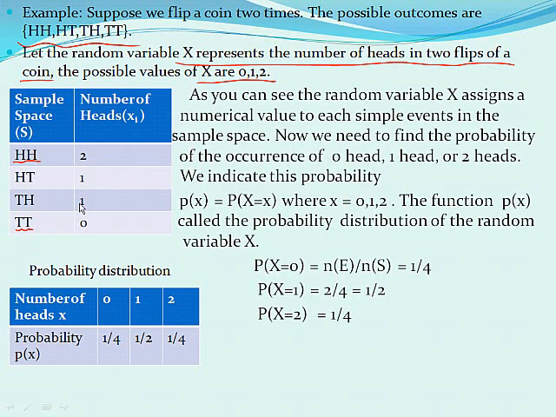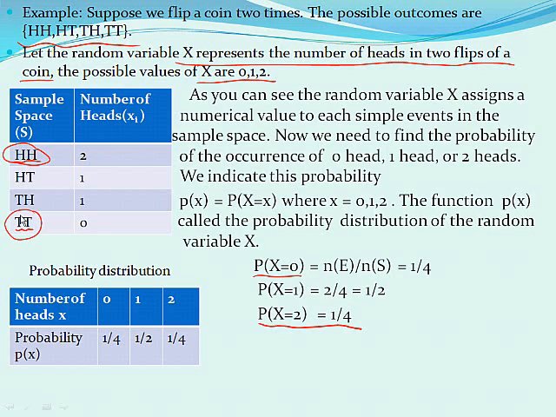We are going to convert this into a probability distribution. We write the values of x, which are 0, 1 and 2, and calculate the corresponding probabilities. The value x equal to 2 has a probability of 1 out of 4 because there is only one outcome corresponding to x equal to 2. Similarly, the value x equal to 0 has a probability of 1 out of 4.